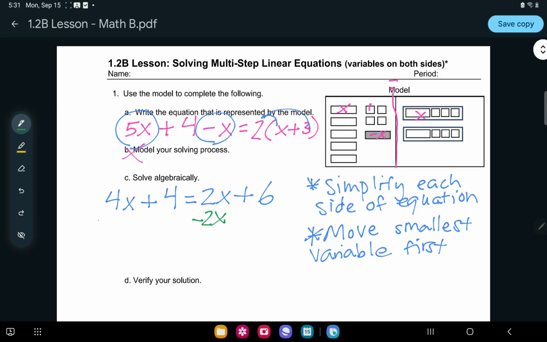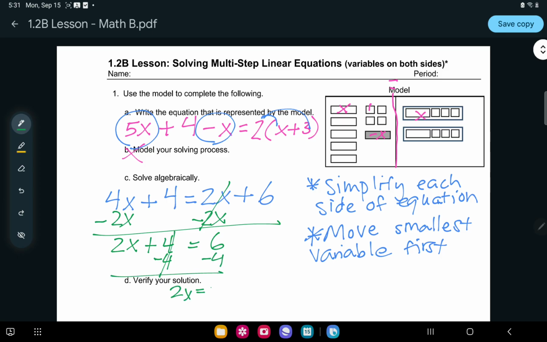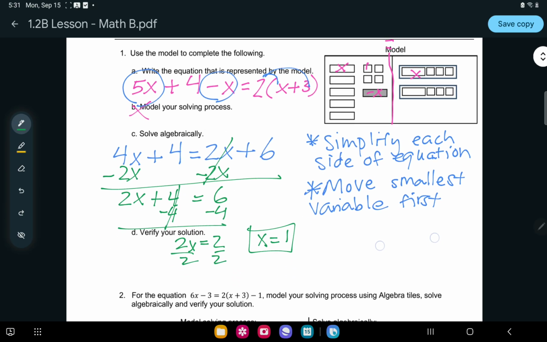So to get rid of it, I'm going to move it to the other side. And now I have 2x plus 4 is equal to 6. Now it looks like any other equation that you've done. So we can just go ahead and subtract 4 and then get 2x equals 2, divide by 2, and get x equals 1. Now it's asking us to verify our solution.